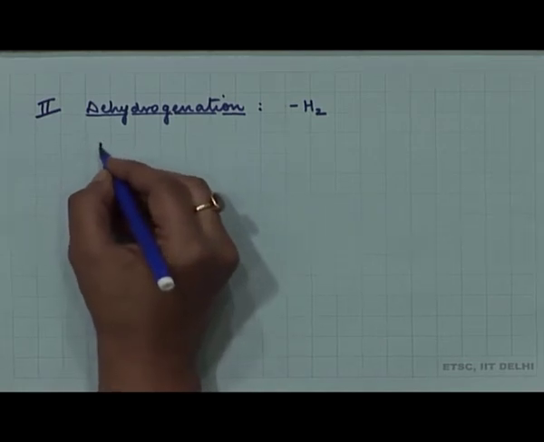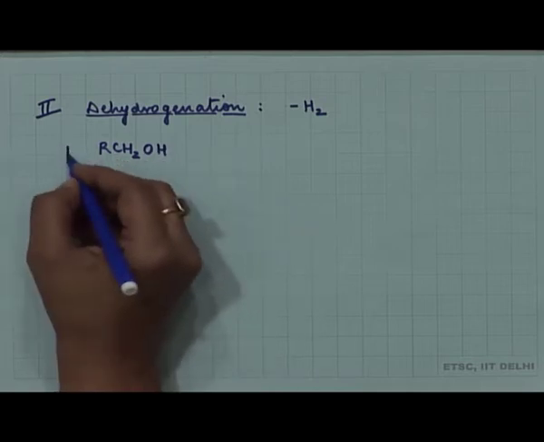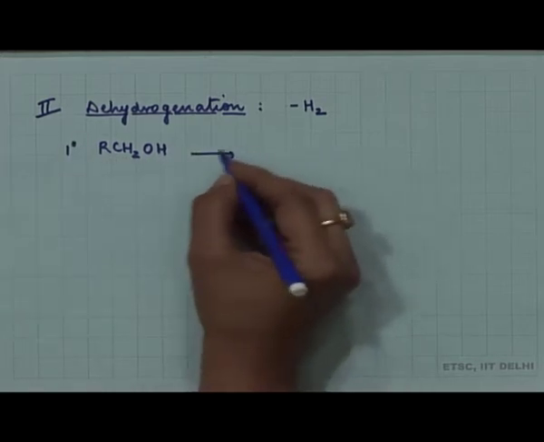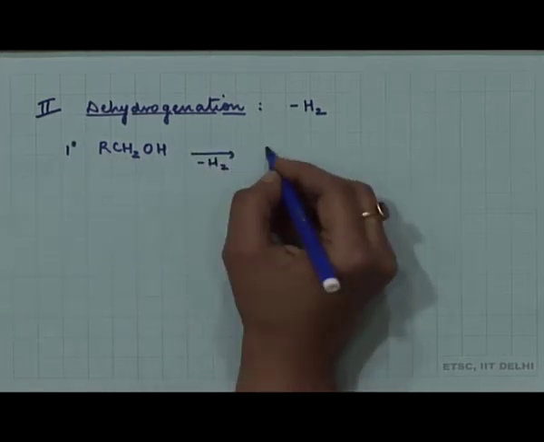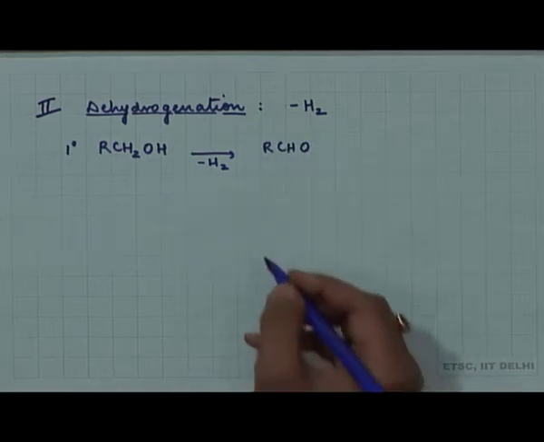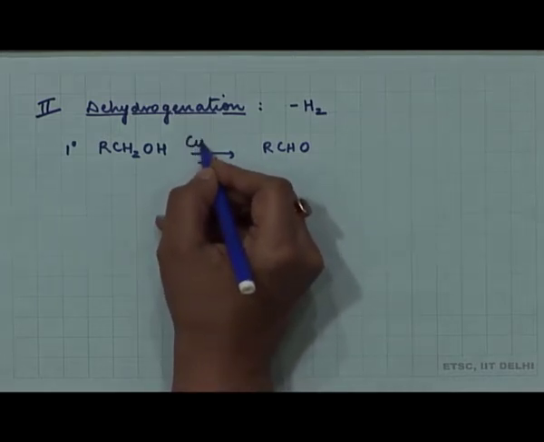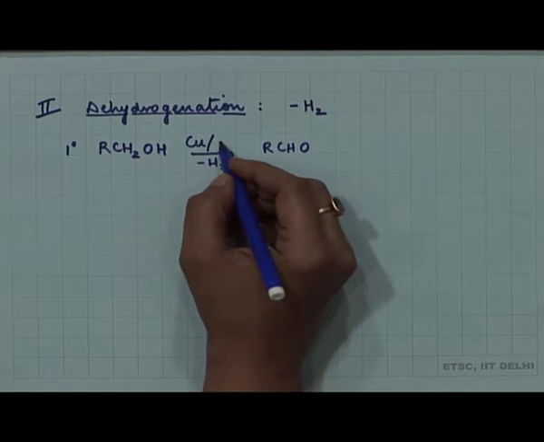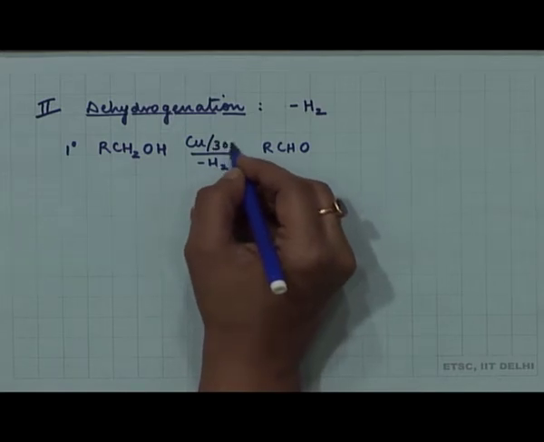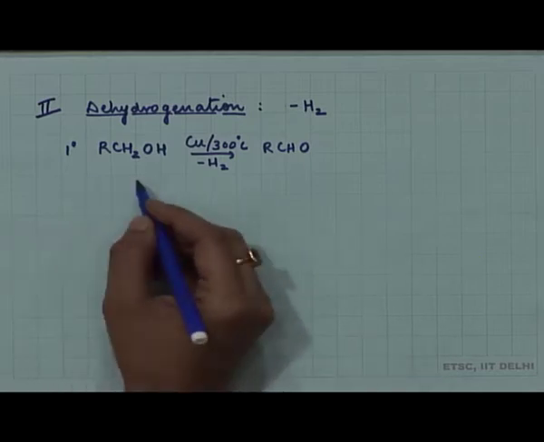So, what are the conditions? If you start with a primary alcohol and you remove a hydrogen, you will end up with the corresponding aldehyde. And how are we able to do this reaction? The conditions are quite harsh. They take place in the presence of a copper metal at a very high temperature, 300 degrees centigrade, and this is what leads to dehydrogenation.